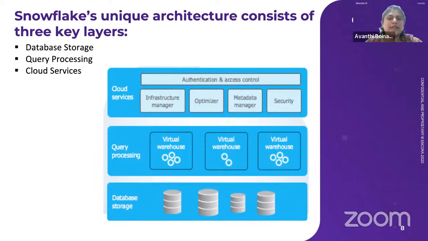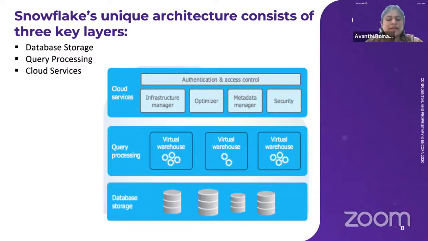Coming to this unique architecture, Snowflake architecture consists of three key layers: database storage, query processing, and cloud services. If you see the diagram here, this is the database storage, query processing, cloud services.